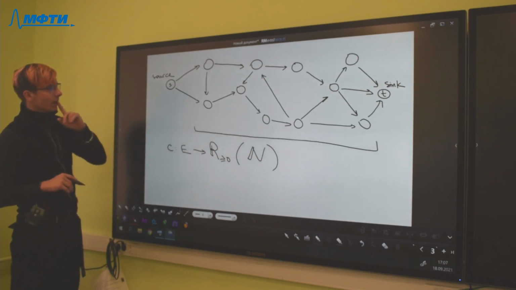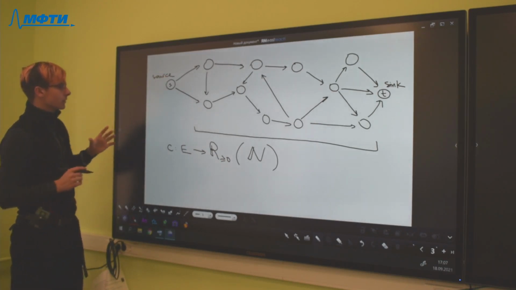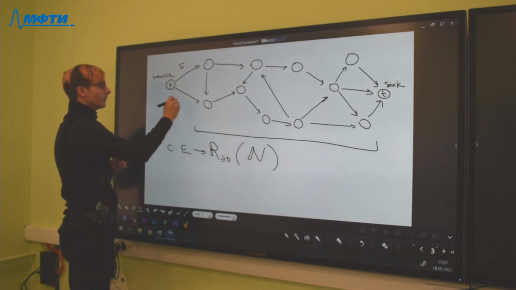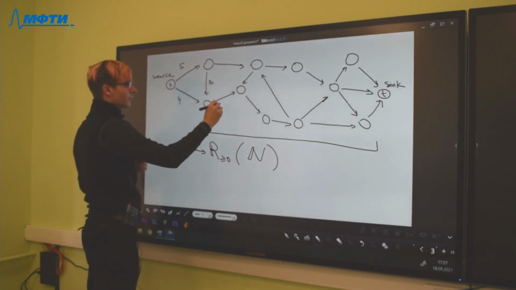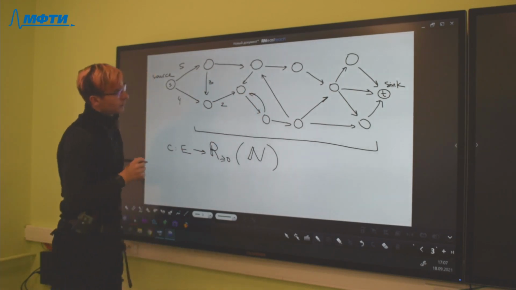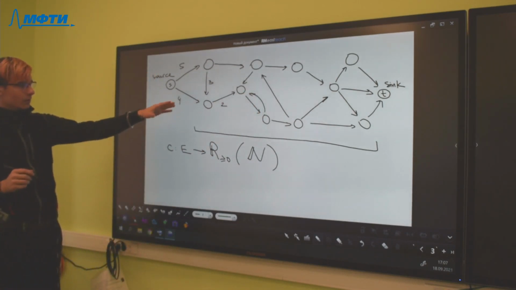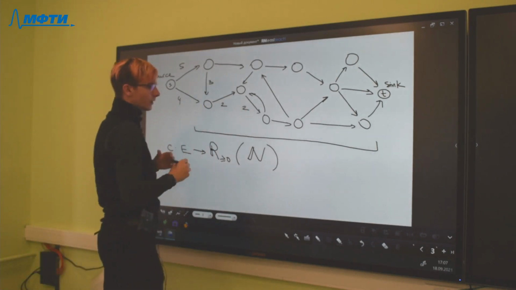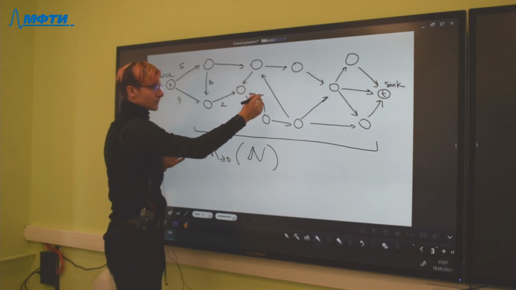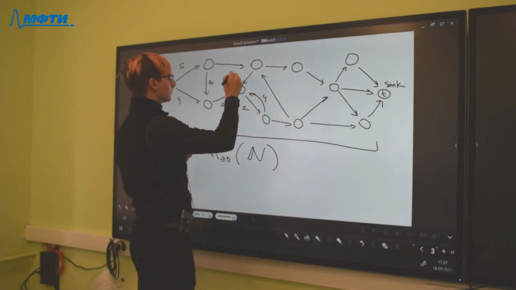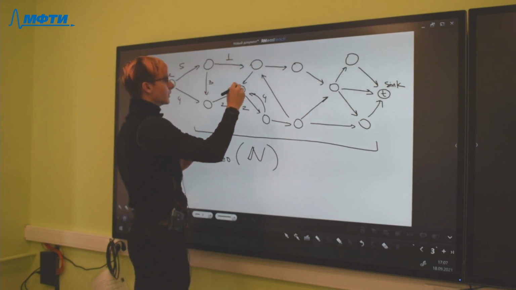Okay, and for example, I can draw capacities of this graph. For example, 5, 4, 3, 2, and of course we can have edges in both directions, and they can have different capacities. For example, it can occur in our graph.